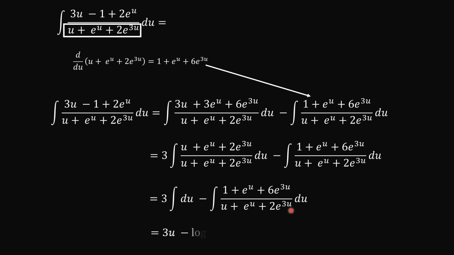So this now means that the integral is 3u minus the natural logarithm of u plus e to the power u plus 2 times e to the power 3u, plus a constant.